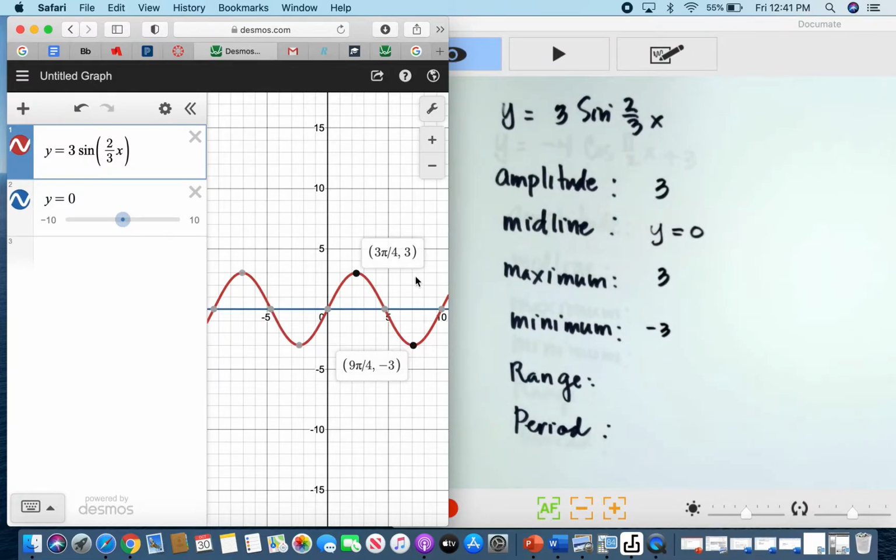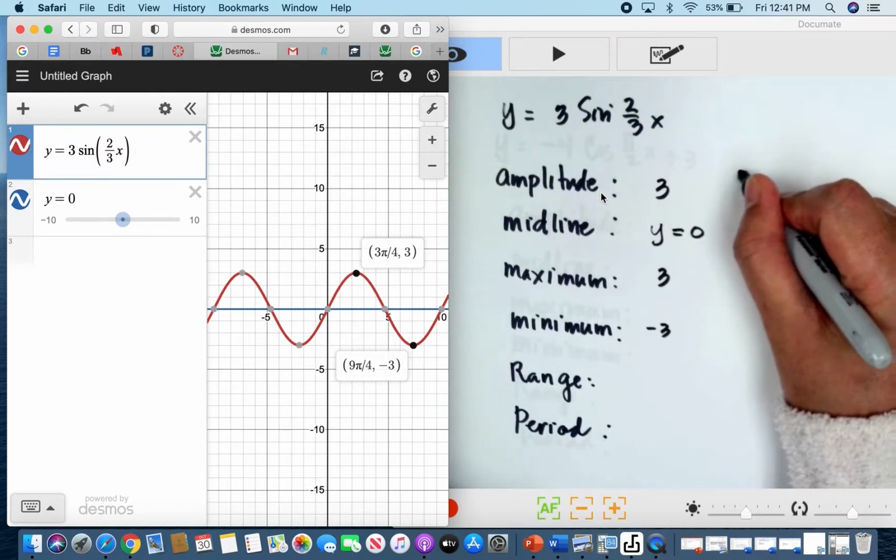Now, from the graph itself, you would see that the maximum is 3, and the minimum is -3. You should be able to find it by thinking that the maximum value of any sine function, however small or big the angle here, is 1, and the minimum value is -1.